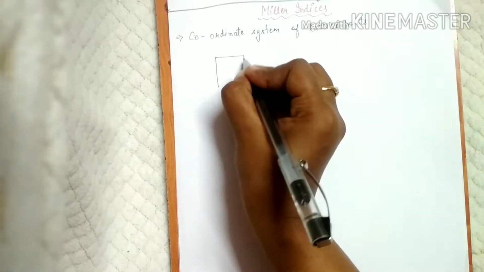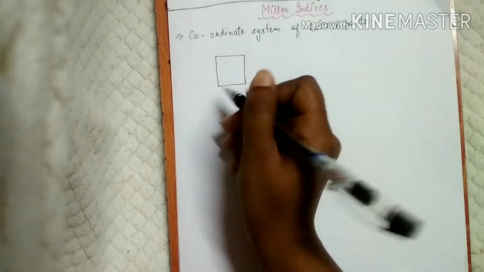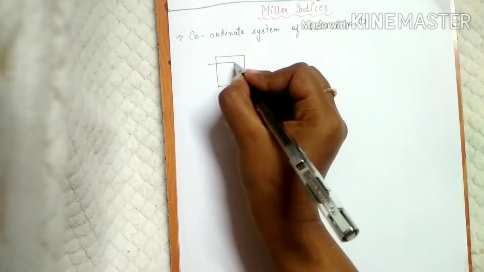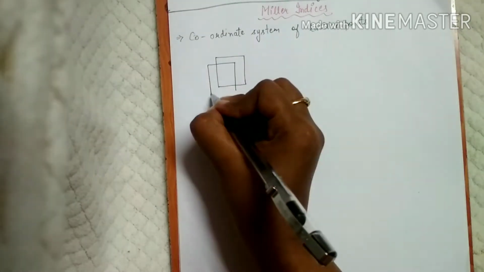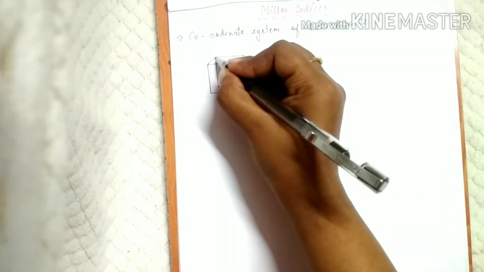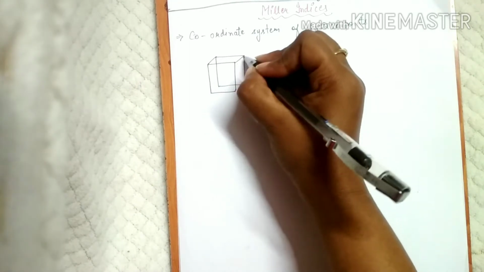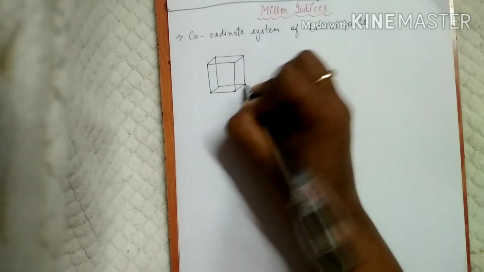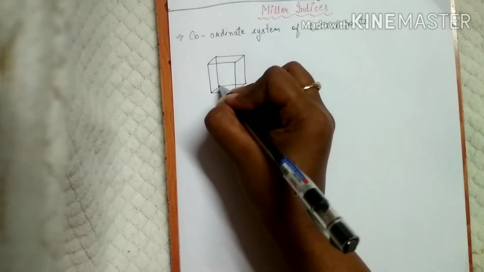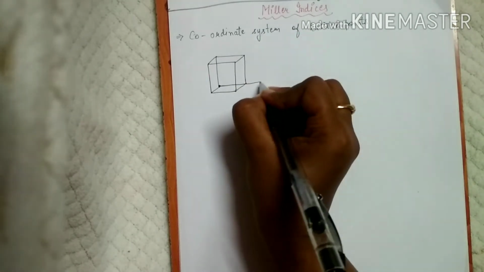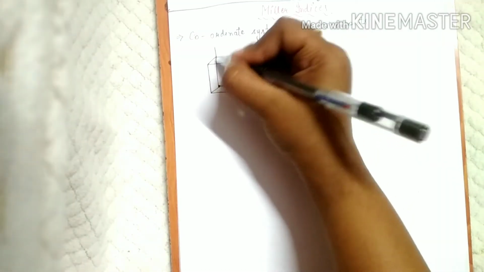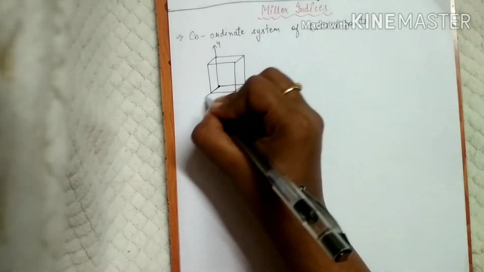Suppose this is your unit cell. I am considering this to be the origin. This is your x-axis, this is your y-axis, and this is your z-axis.